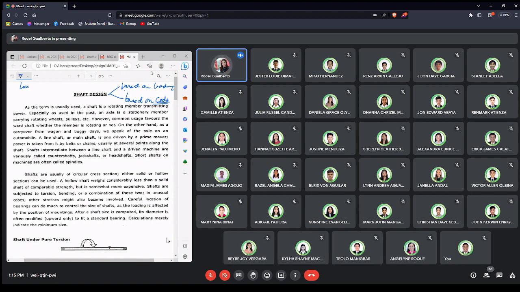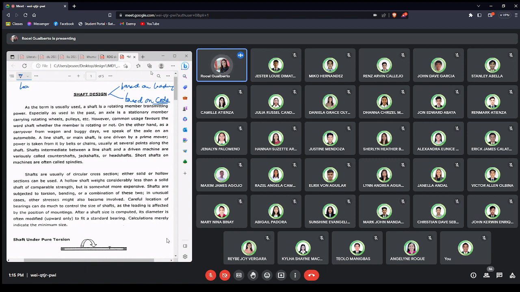This means we look at what loads are applied to the shaft, and from there we get our induced stress to be equated to the design stress. So that is the first way.